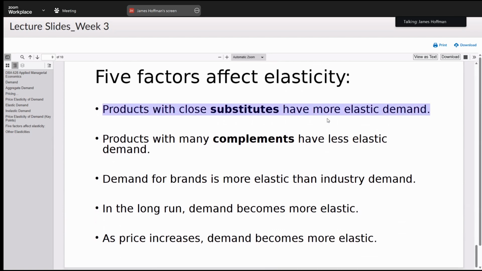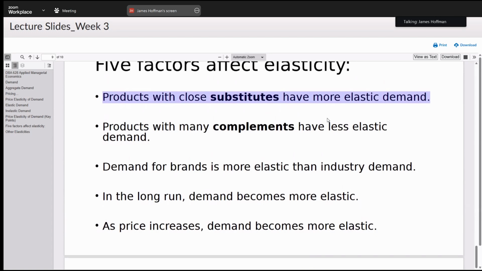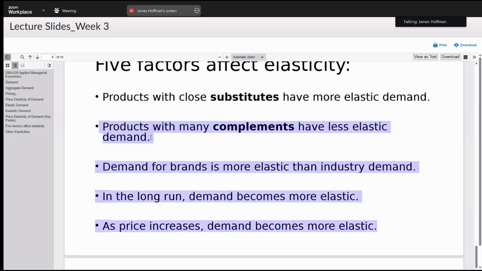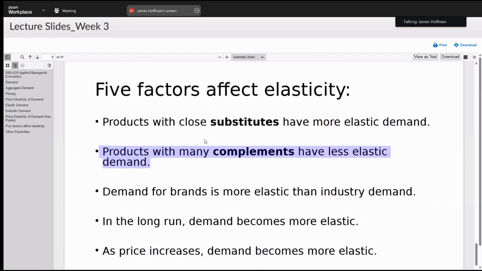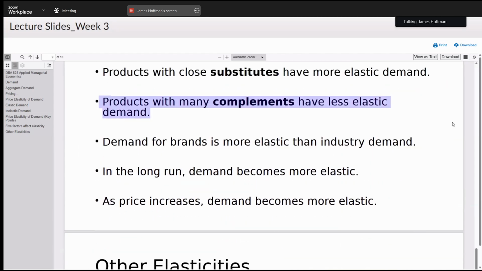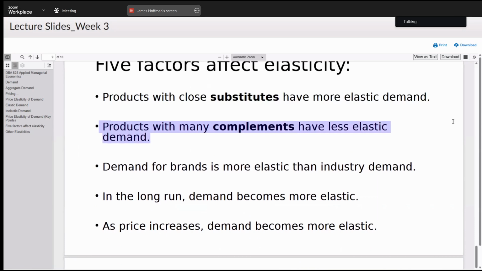have a more elastic demand, like movie tickets. So the more you can substitute with something else easily, the more elastic, because the price goes up, you just buy the other thing, right? Products with many complements have less elastic demand, and I think there was a good example in your textbook about iPhones and all the software and games and apps that are only compatible with iPhones.